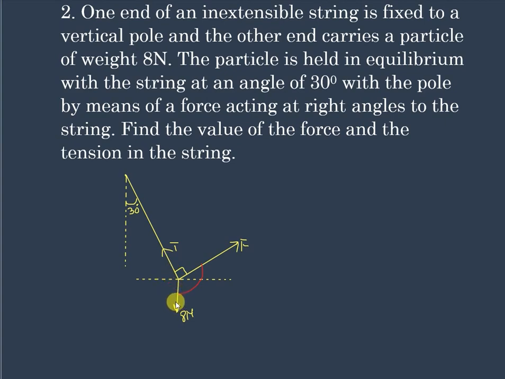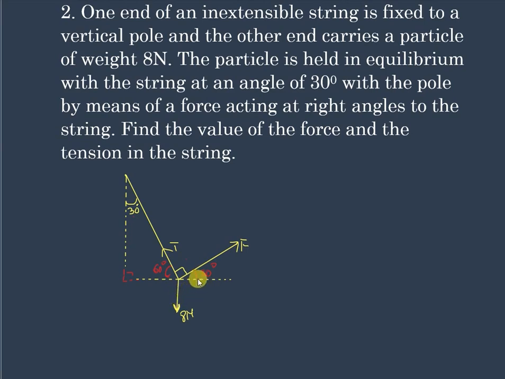This first angle is 30 degrees. Because this angle being 30, if I extrapolate that and this right angle is there, this angle is 60 degrees. And 60 there, then 90, this should be 30, because the angles on a straight line give 180.